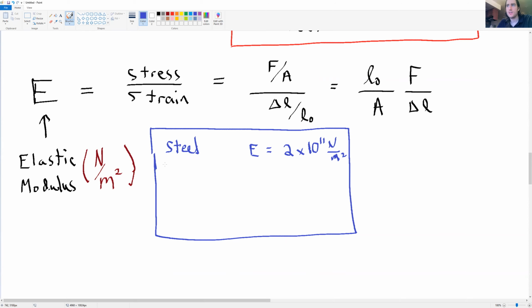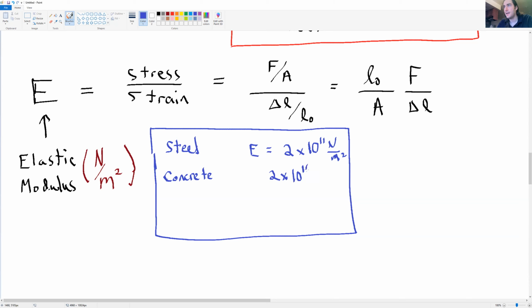Let's take a look at some other ones like concrete. Also, we use concrete for roads and buildings and bridges and things, right? Kind of important. Concrete does not have such a large elastic modulus. I'll stop writing the units and the E from here. So concrete is 2 times 10 to the 10.